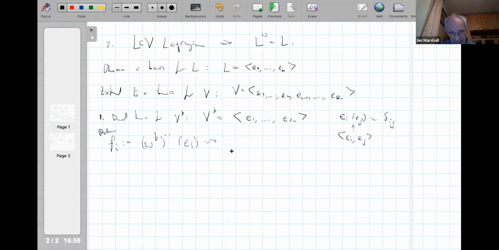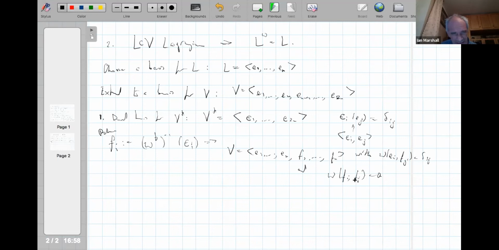That tells me that V is the span of E1 up to En and F1 up to Fn, with omega(Ei, Fj) equals delta ij and omega(Fi, Fj) equals 0. So that's a constructive way to do it. You can check that last thing. It's a little exercise.